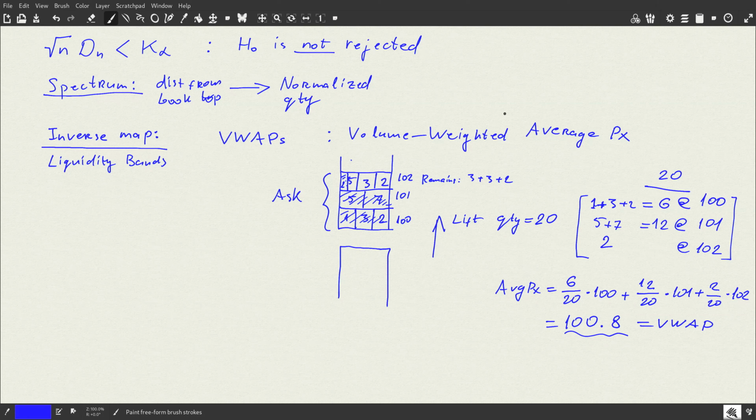So what we can probably do, we can construct some kind of standard bands.